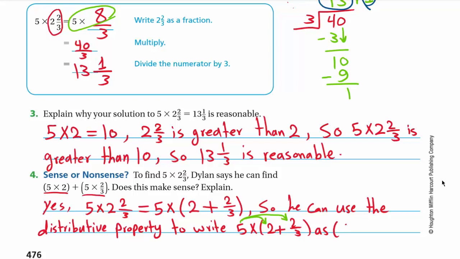So 5 multiplied by 2 plus 5 multiplied by 2/3.